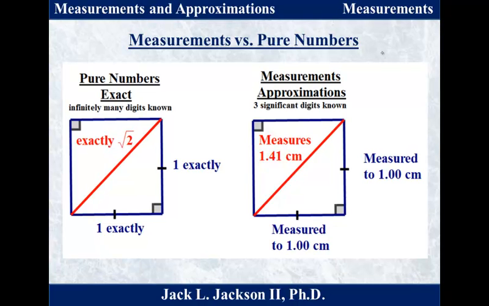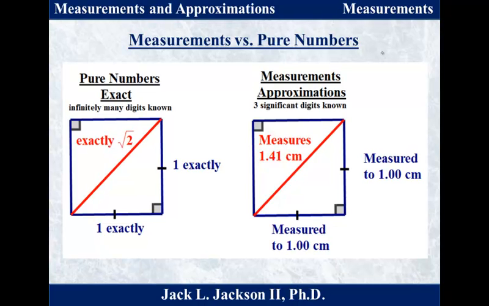So that is a measurement. It makes no sense to talk about that diagonal being square root of 2 at infinitely many decimal places. Neither does it make sense to say that it's 1.4142135662 centimeters, which is square root of 2 to as many decimal places as a TI-84 will tell you.